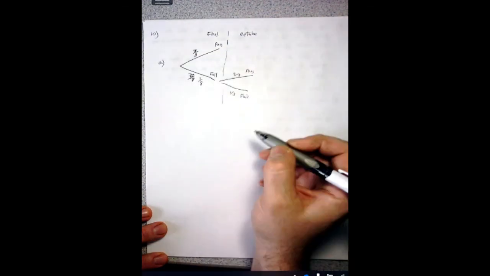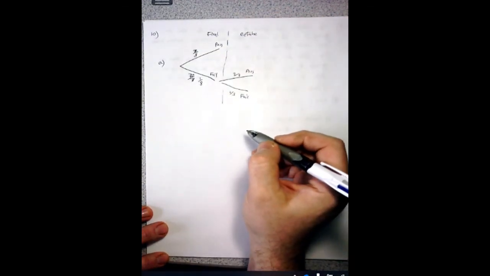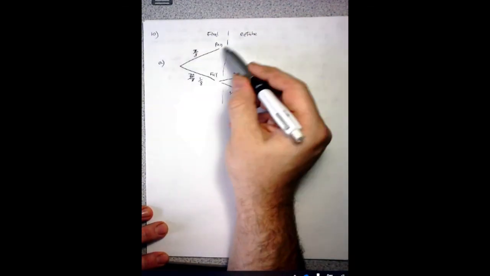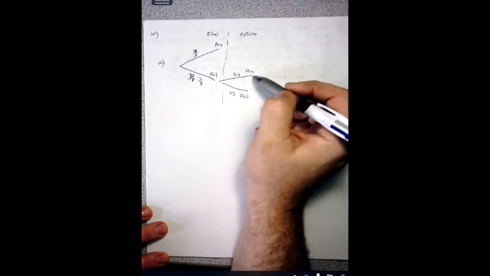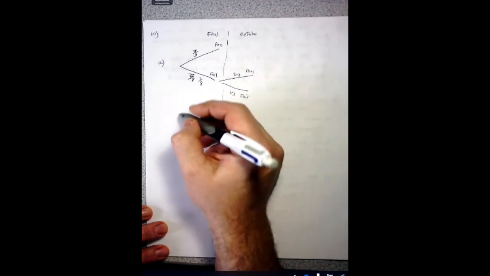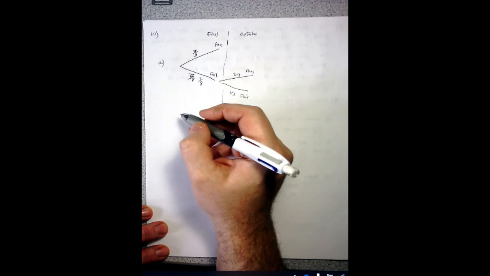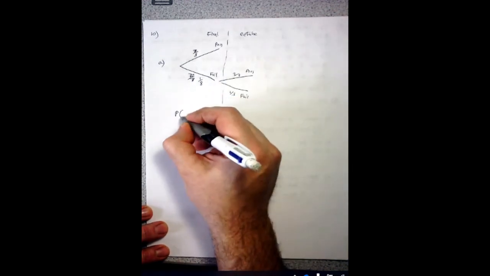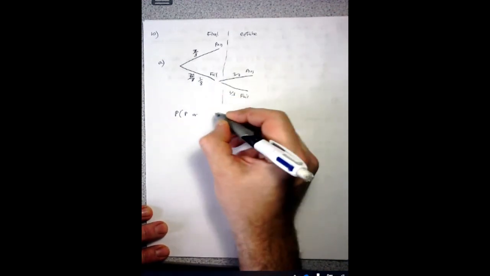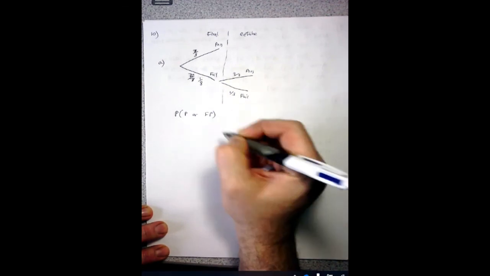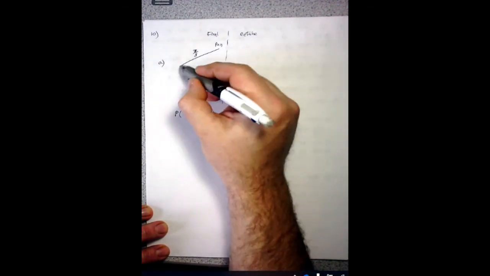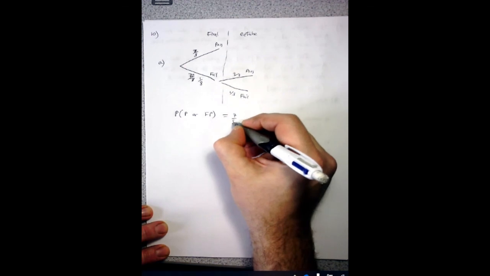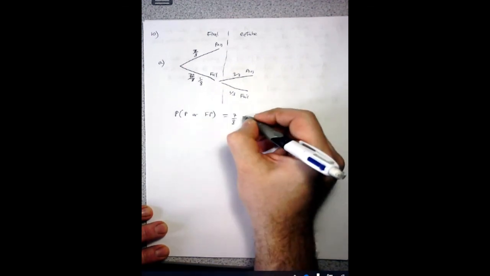If a student passes the final exam or retake, they receive a certificate. Work out the probability that a student receives a certificate. So it's the probability of pass or fail pass. Well, the probability of pass is 7/8. Or, remembering or means add.